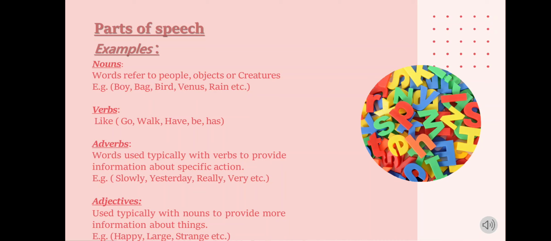They describe nouns, adding details to them, like happy, large, strange. Understanding the parts of speech helps us assemble sentences with clarity and precision, ensuring that each word fulfills its intended purpose to convey meaning.